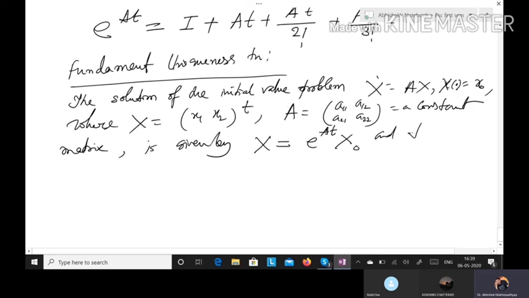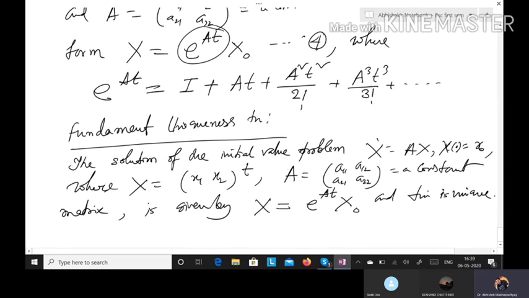And this solution is unique. You cannot get other solutions except this, where this e to the power A t is given by this expression.